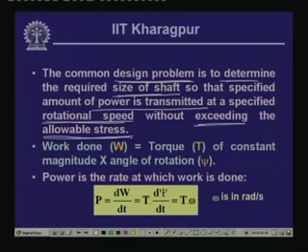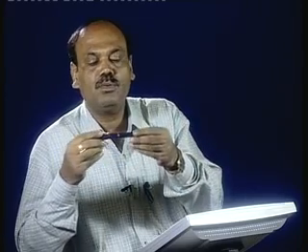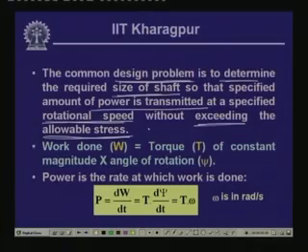And this is important, that from design point of view, we need to find out what should be the diameter of this particular shaft, so that it can transmit the requisite power as we desire, and with a particular rotational speed without exceeding the stress level in this particular material, and that is the purpose. So, we need to find out what should be the diameter of this kind of shafts.